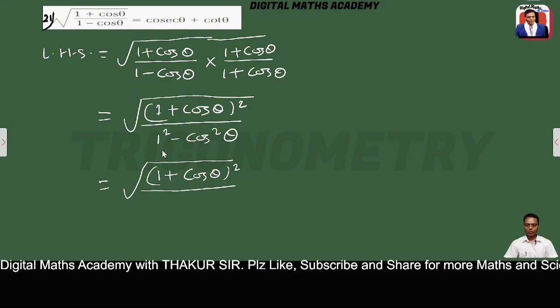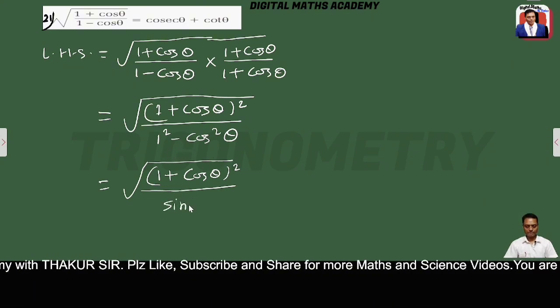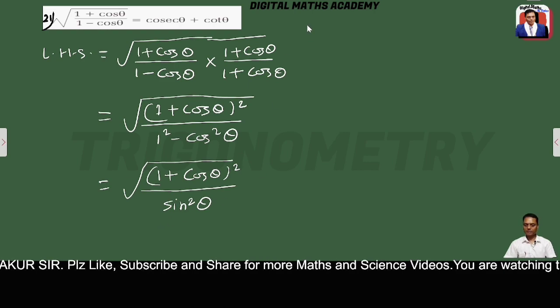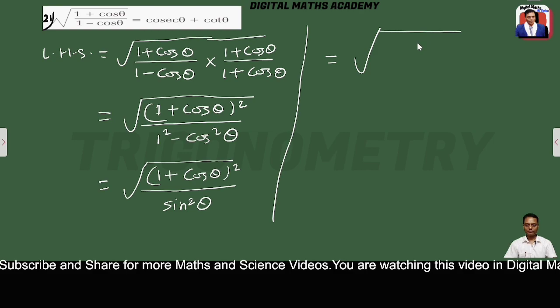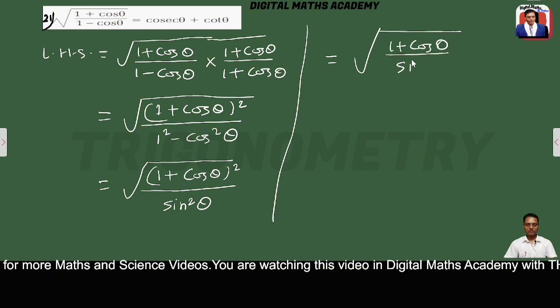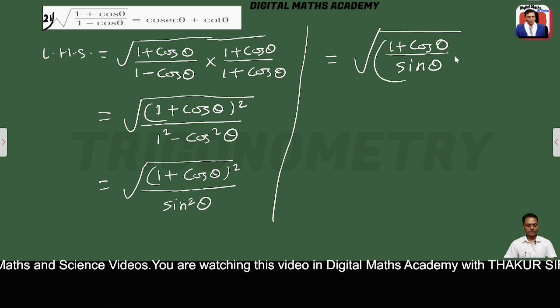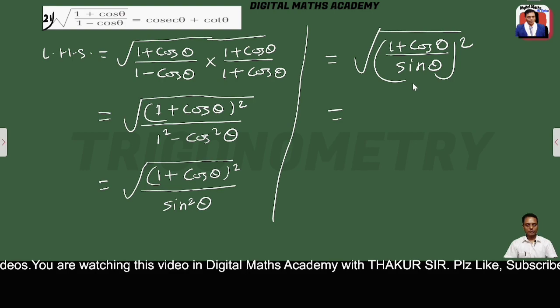1 square equals 1 itself. So 1 minus cos square theta equals sin square theta, and sin square theta is sin theta whole square. So we can write here 1 plus cos theta over sin theta, and its whole square. Then you can remove the under root sign as well as the square.